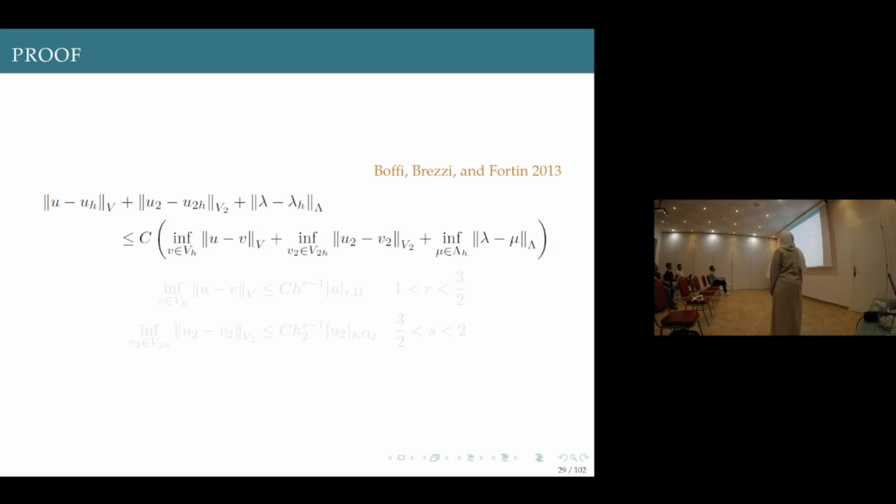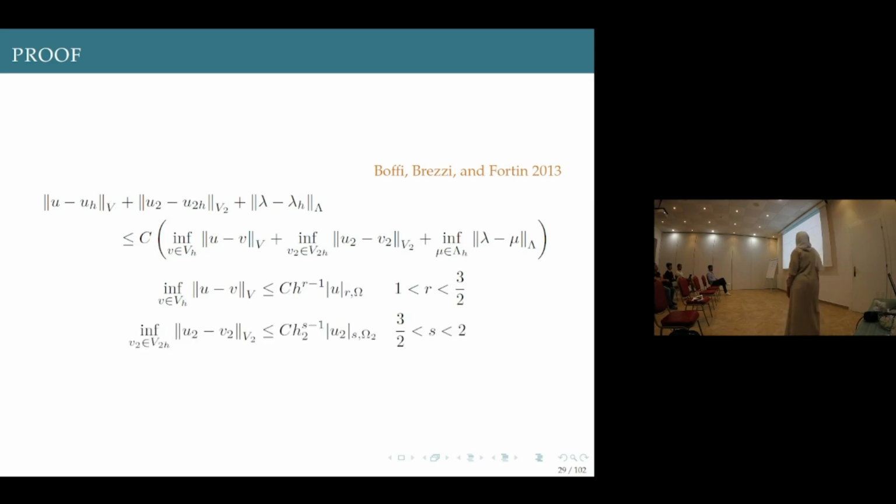We have that the error is bounded by the best approximations, like we wrote here. And by using the regularity assumptions of u and u2, we can bound the infimum of u minus v for every v in Vh, which is less than or equal to h to the r minus 1 times the r semi-norm of u, where r is between 1 and 3 halves.